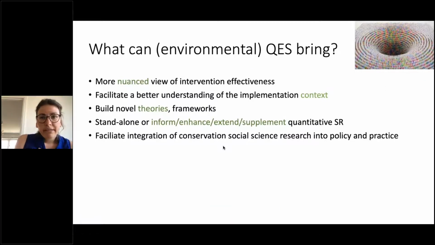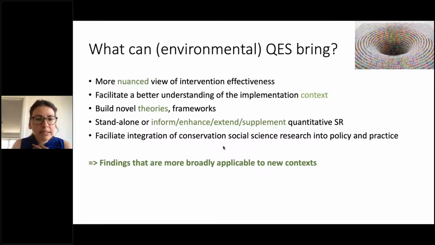So with environmental qualitative evidence synthesis, we can have more nuanced views of intervention effectiveness, understand implementation context, build novel theories and frameworks, and finally, facilitate integration of conservation social science.